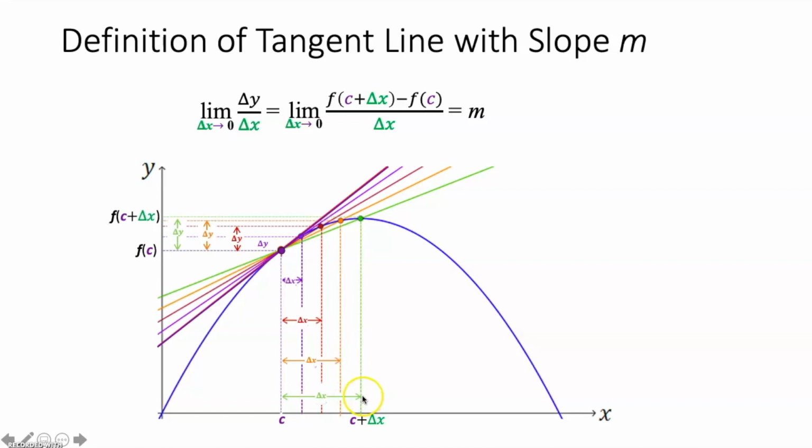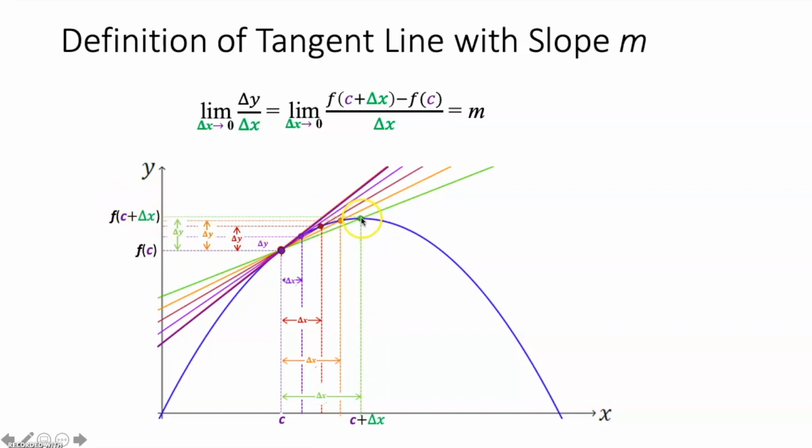It's delta x away. So we say that this x value is c plus delta x. So this point is going to be at c plus delta x, comma, and then the y value is just going to be whatever you get when you plug in c plus delta x for your function, so f of c plus delta x. So I have 2 points now. One point is at c comma f of c, and the other point is at c plus delta x, comma, f of c plus delta x.